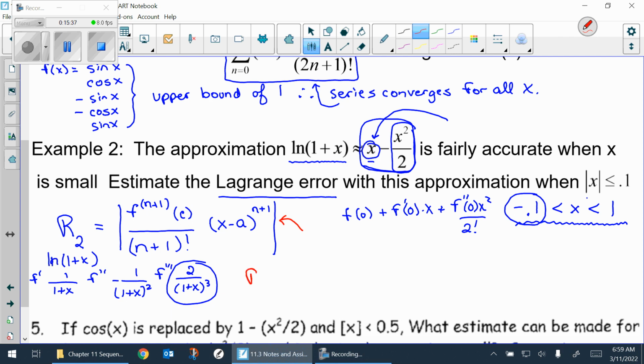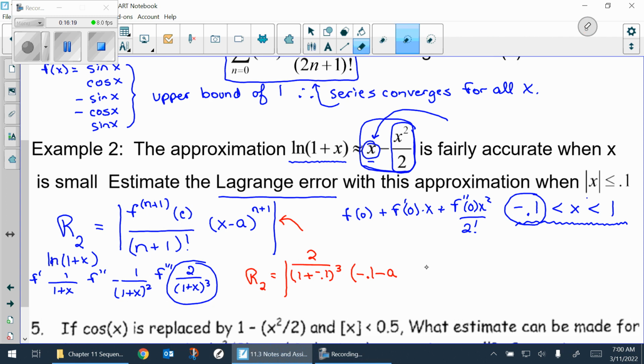And I'm going to say that the remainder, after we've used the second derivative, is going to be equal to the absolute value of 2 over 1 plus negative 0.1 to the third power, times, I'll use that same endpoint of the interval, minus a, which is the center of the interval.